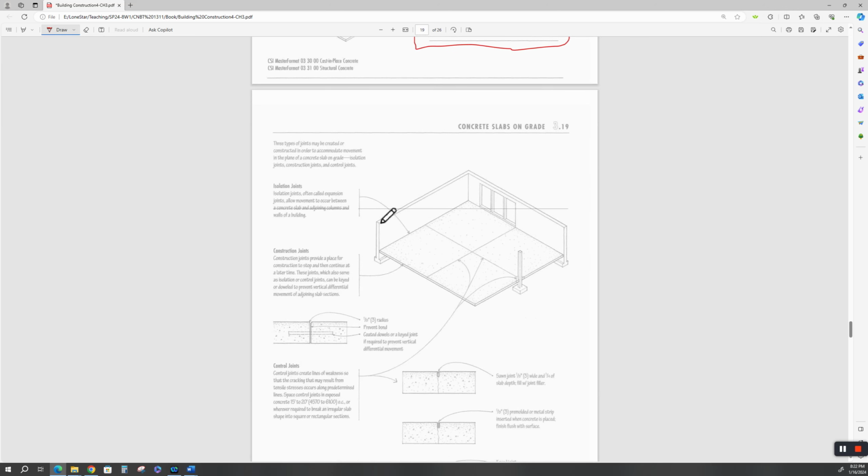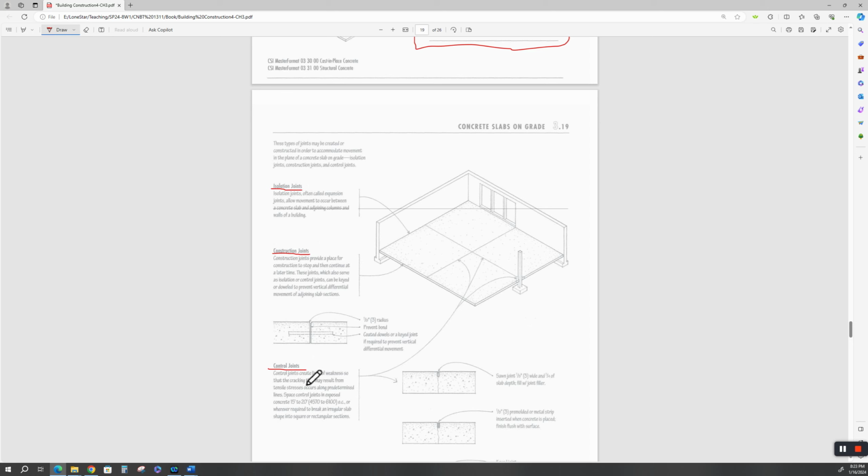Concrete slabs on grade. Again, 3 types of joints may be created for construction in order to accommodate movement. Now, this is important. You have isolation joints. We spend a lot of time on other stuff that you may think is not important. These definitions on 319 are important: isolation joint, construction joint, and control joints.